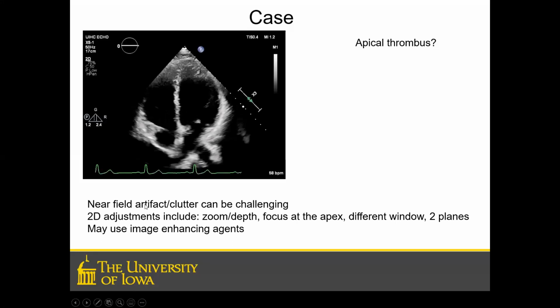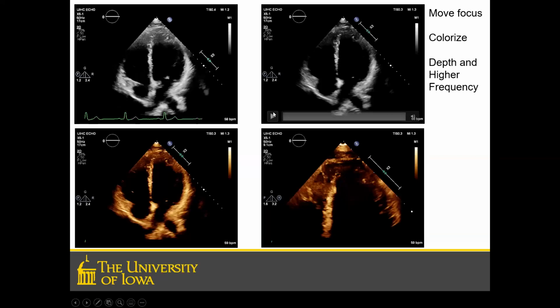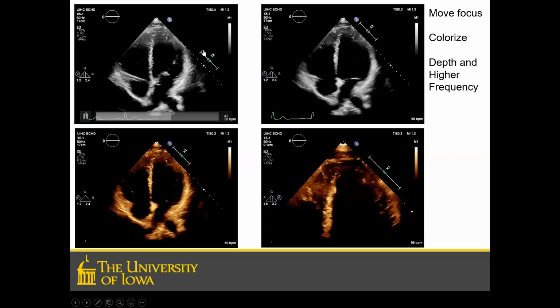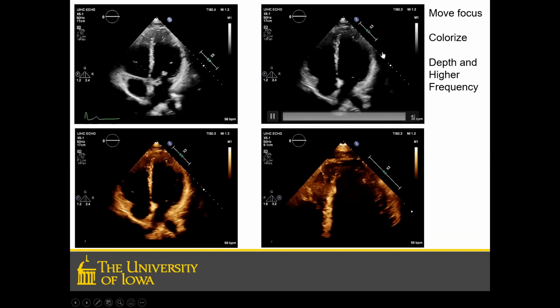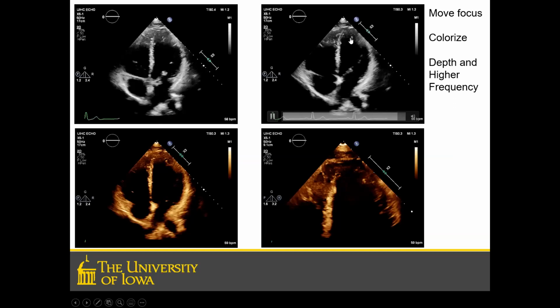And those 2D adjustments include the following. So here's our standard 4-chamber. The first thing that we should do is to move the focal zone up to the apex. So see, as I move the focal zone up, right away, we get better information about that apex.